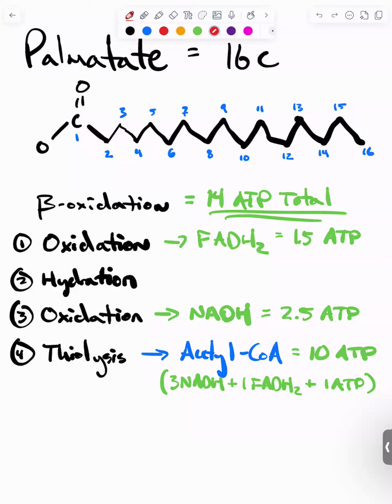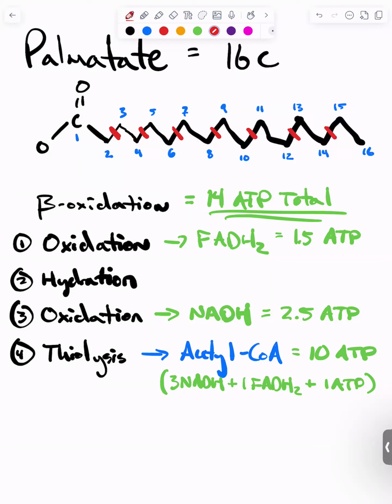So if we're breaking apart two carbons at a time, you make a cut here for the first cut. That's our first cut. That's two carbons, carbon 1 and carbon 2. Now, the second time we do beta oxidation, we break off carbon 3 and 4, 5 and 6, 7 and 8, 12, 13, 14.